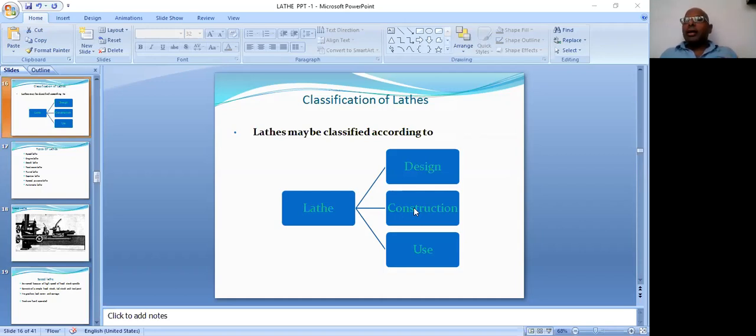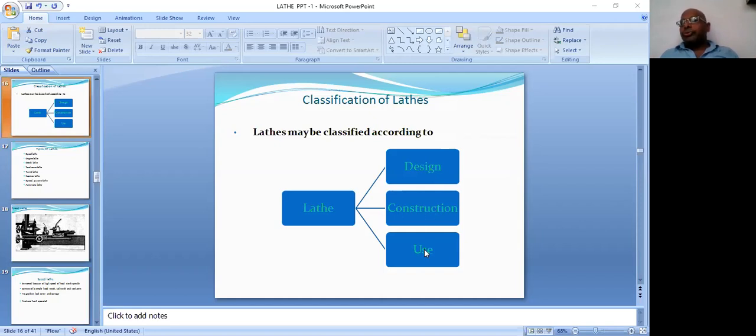That is called the engine lathe. Likewise, based on the design, they are called turret lathe, capstan lathe or automatic lathe, designed for that specific purpose. Based on the construction, they are classified as engine lathe, bench lathe, and so on.